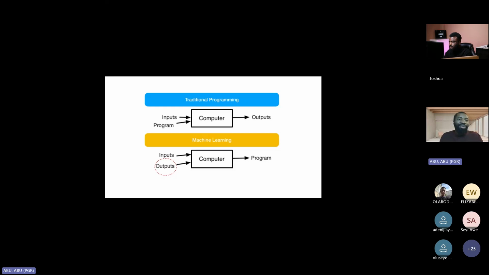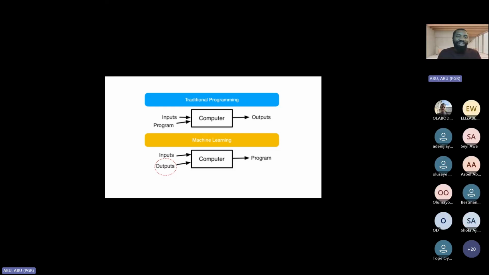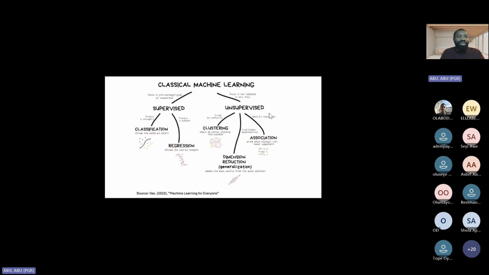So that's the basic difference between machine learning and traditional programming. So in machine learning, you're not trying to explicitly program the system and say if this, else that, and all that. Well, you're trying to get a hypothesis or a guess of how the inputs relate to the outputs, right, from your data.